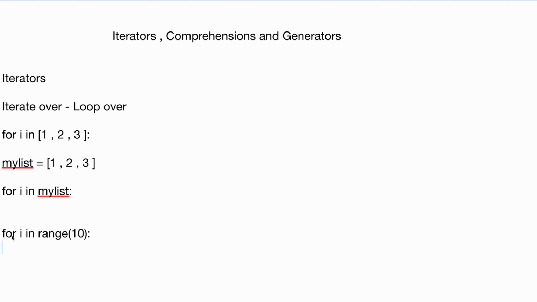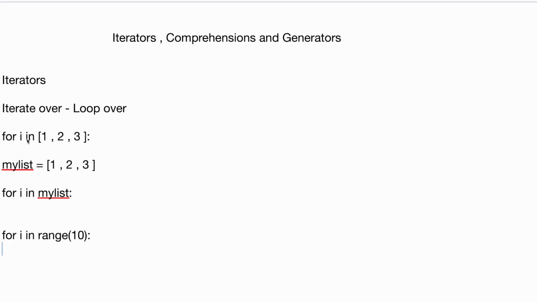What is happening is, for i in this list, this i is going to take the value of 1, in the next iteration it is going to assume the value of 2, in the next iteration the value of 3. So 1, 2, 3, or my list, or this range(10), everything is something which is getting iterated over, which is getting looped over.